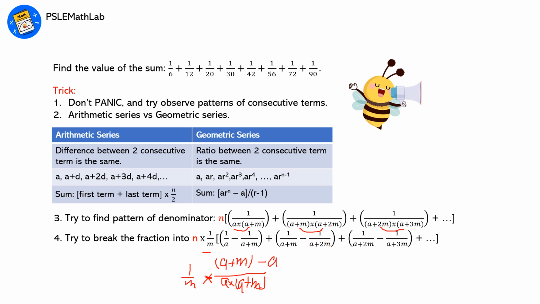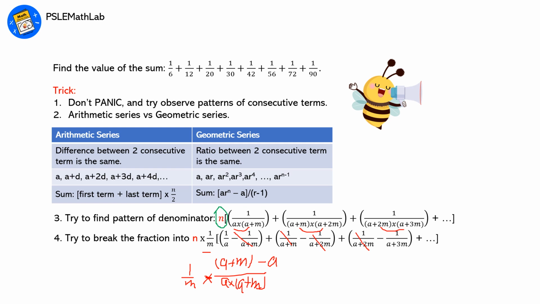So on and so forth, then we can cancel all these. But just to pay attention, we always have misleading information in the questions, and you may need to manipulate the denominator, extract a factor of n out, then you can observe the pattern.